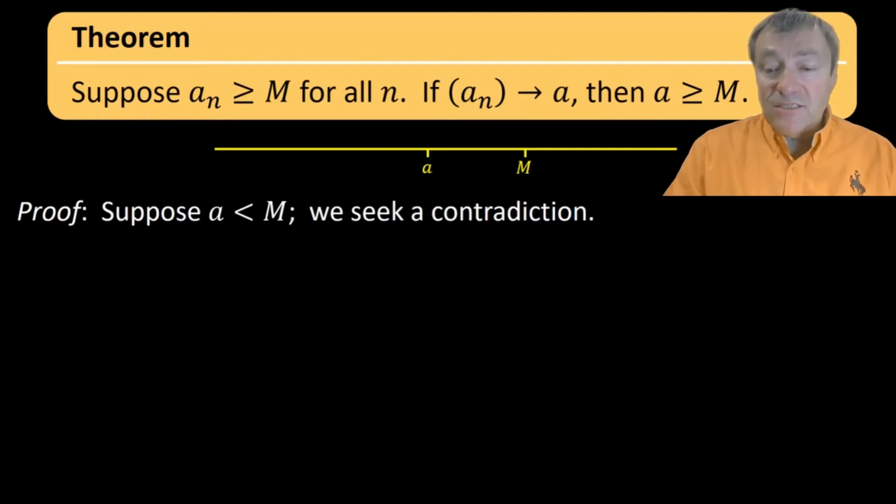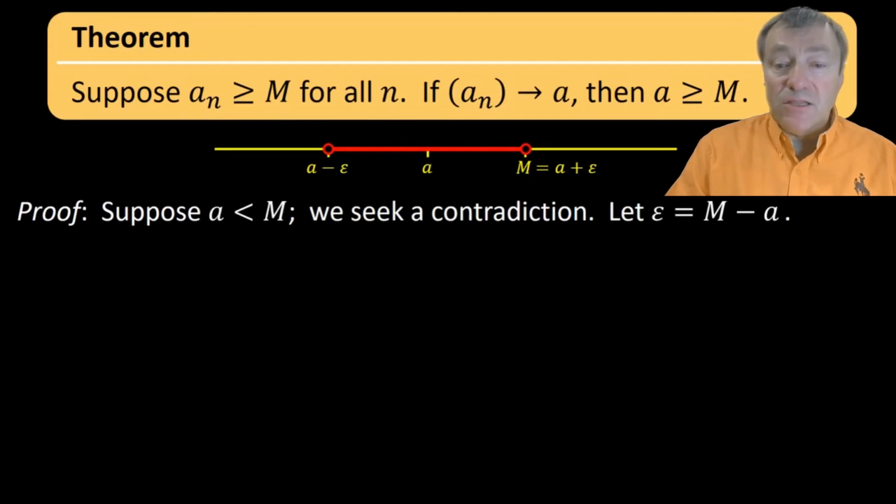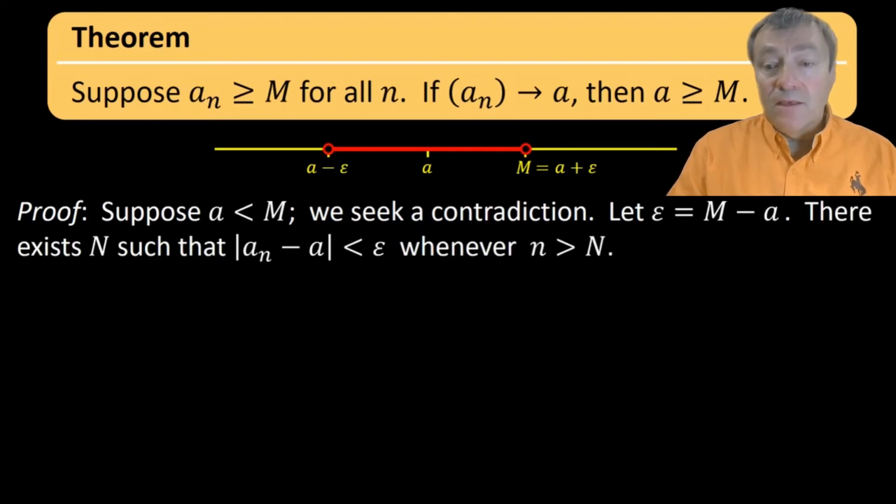The first thing is, instead of just saying close to a, we'll have to say how close. And apparently it's within this distance epsilon, which I'll take to be m minus a. Now by assumption, the sequence is approaching a.